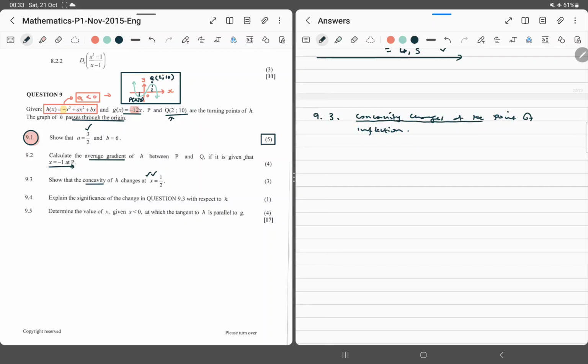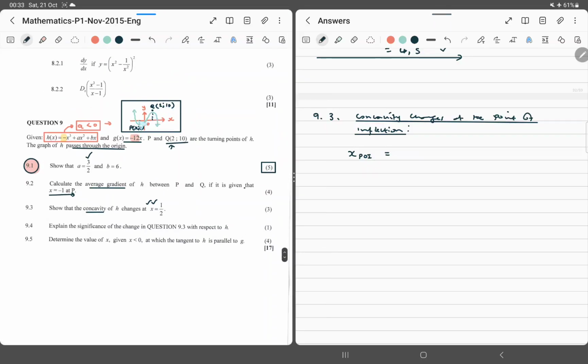So here you are just displaying your knowledge. The x coordinate at the point of inflection is going to be the average of these points, because the x coordinates of the turning points will give us an average, that is the point of inflection. So it's going to be x at Q plus x at P all over 2.